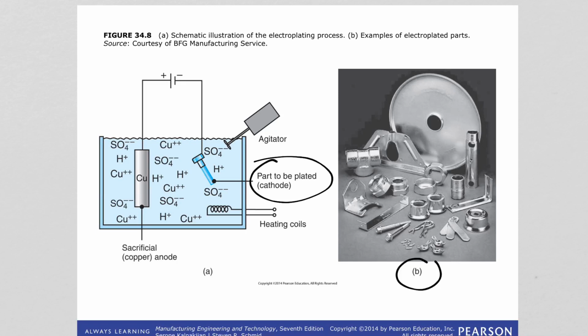Before we go to electroless plating, examples of electroplating: common plating metals are chromium, nickel for corrosion protection, cadmium, copper for corrosion resistance and electrical conductivity, tin, zinc, especially zinc for corrosion protection for steel.